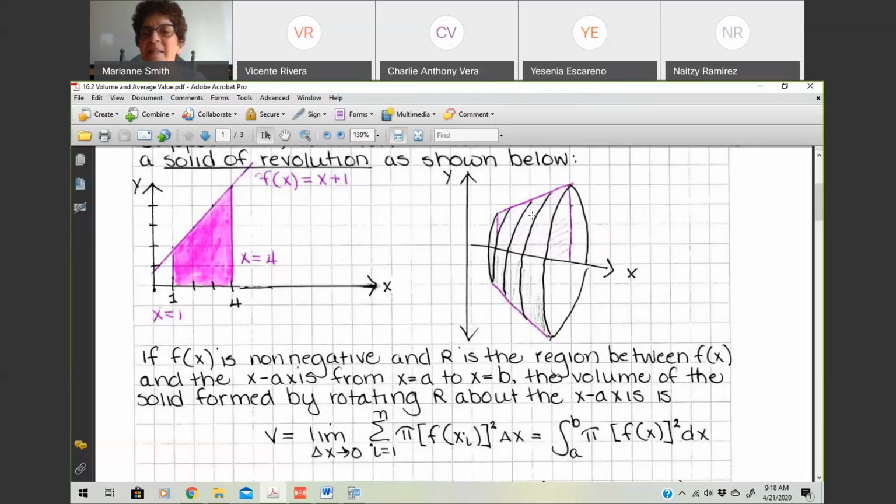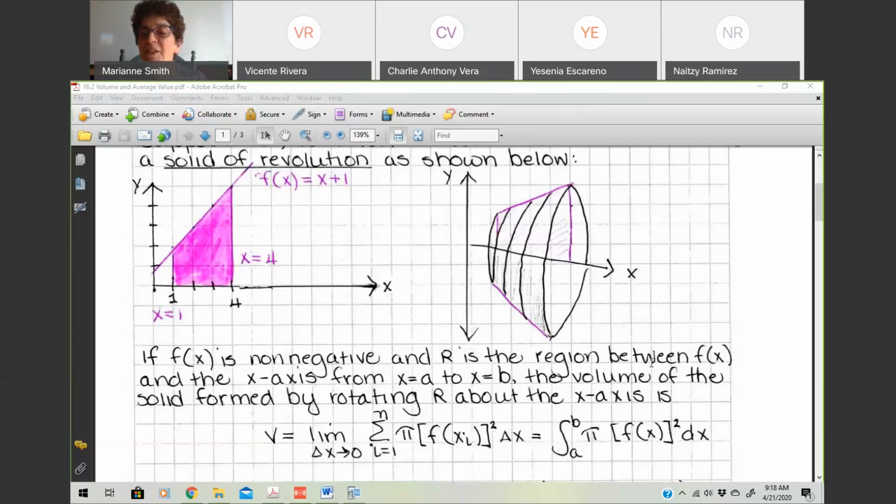I'm slicing this volume into tiny little disks, and they're going to be cylinders. So I'm trying to find the volume of each of those little cylindrical disks. They have a circular base because I did a revolve, and so that's why you're seeing something that looks like the area of a circle in this formula.